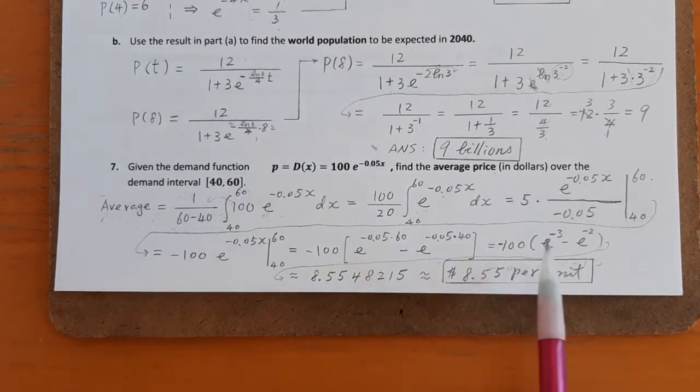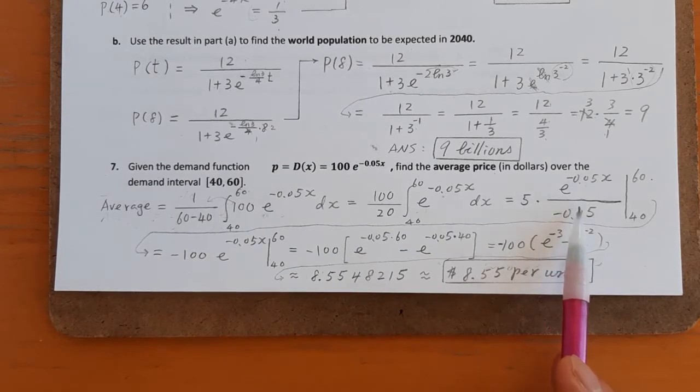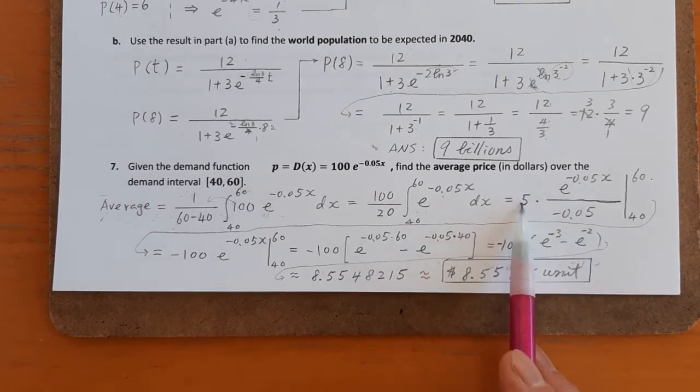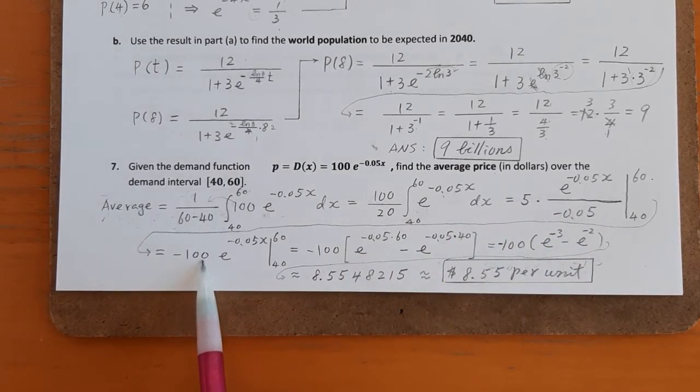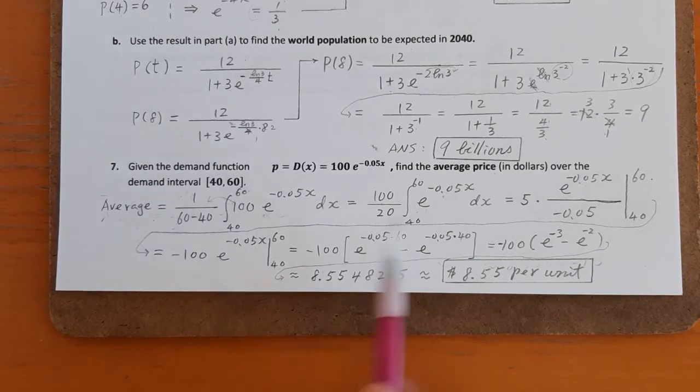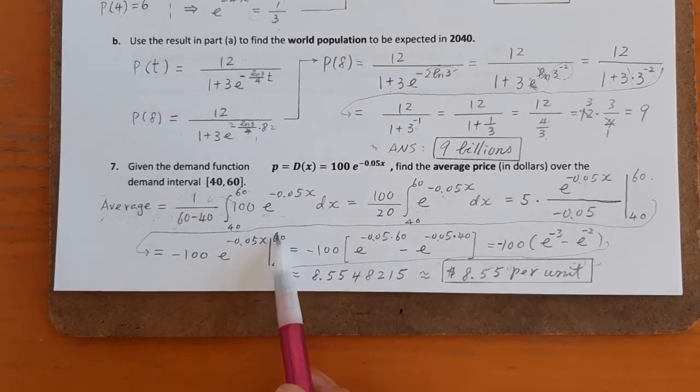Then equal to, negative 0.05 is negative 1 over 20, the reciprocal times 5 gets negative 100. E to the power negative 0.05 x from 40 to 60.